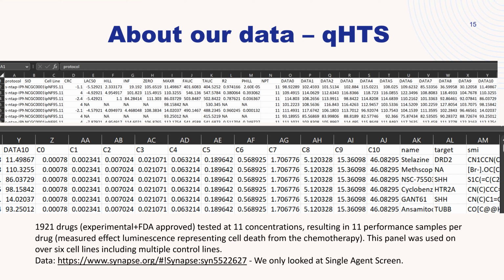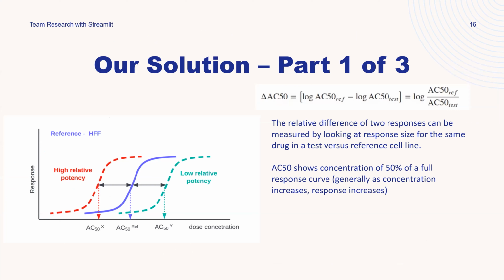So the less luminescence, presumably the more cell death, and concentration of the sample. So at data point 0, you had this effect at this concentration. What that lets you do is build a dose response curve. So what you would expect pharmacologically speaking is as you increase the dose, you see more of an effect.